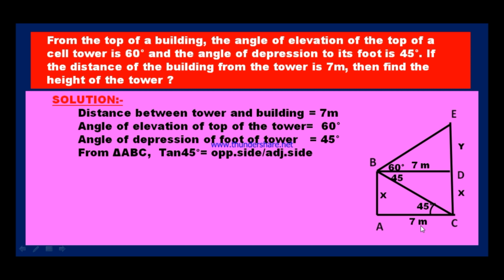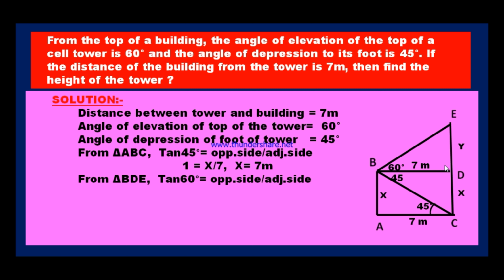We know the adjacent side for 45 degrees, and let us find the opposite side x. Therefore, tan 45 degrees is opposite side by adjacent side. Substitute the values. Tan 45 is 1, opposite side is x, adjacent side is 7. Our x is equal to 1 into 7, which is 7 meters.